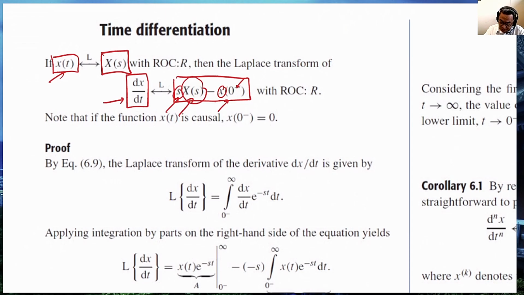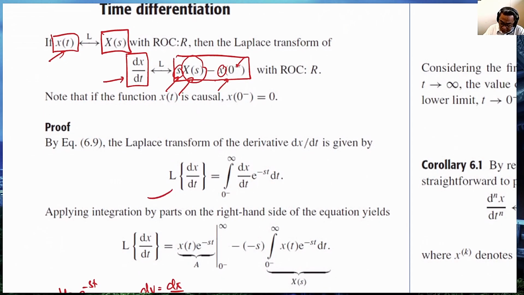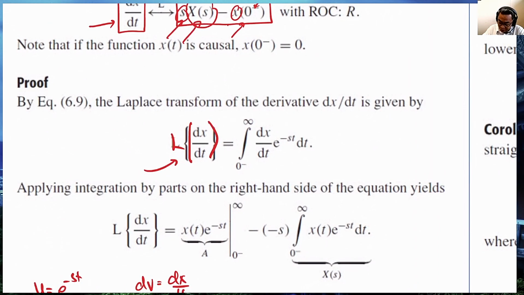Alright, why is this true? Okay, let's go from the beginning. The Laplace transform of dx/dt is, of course, now we are doing it with the causal, the right-hand side. We are talking about the unilateral transform, just to make our life a little bit easier.